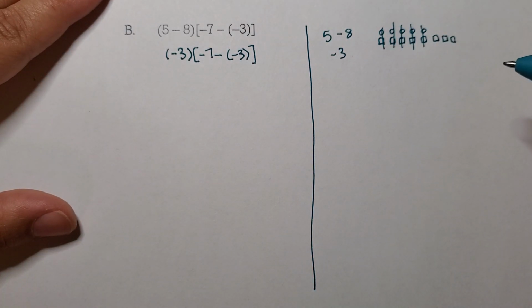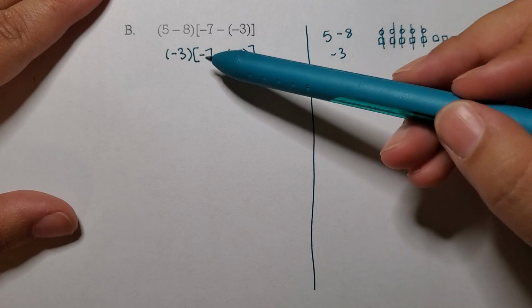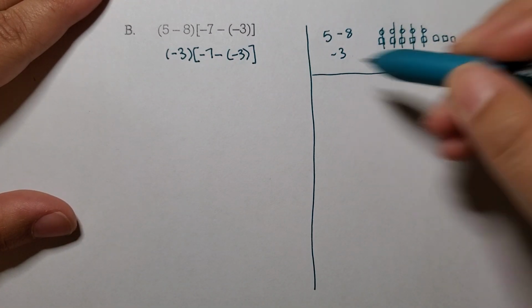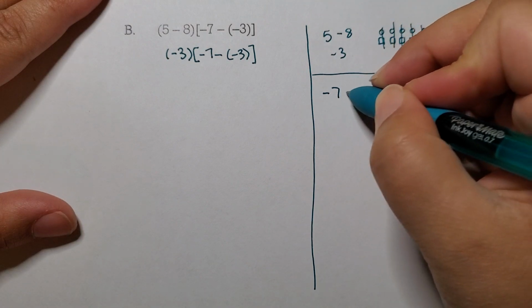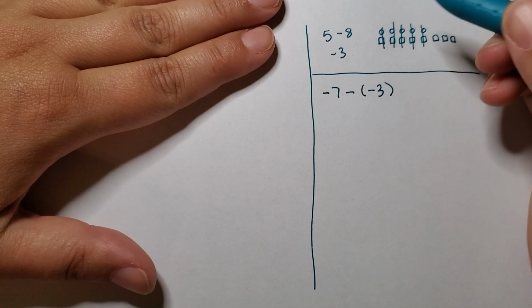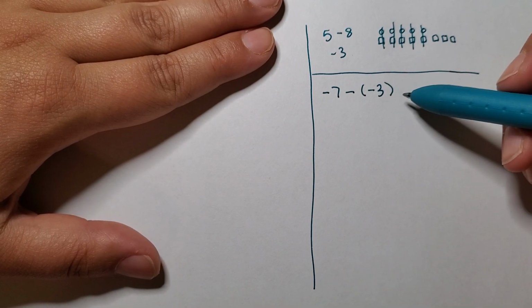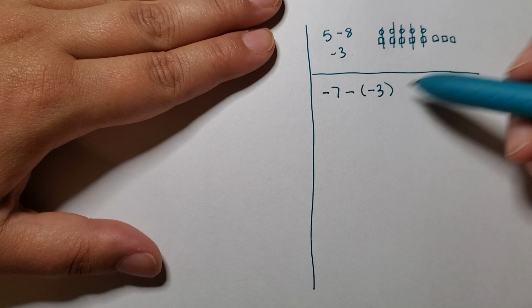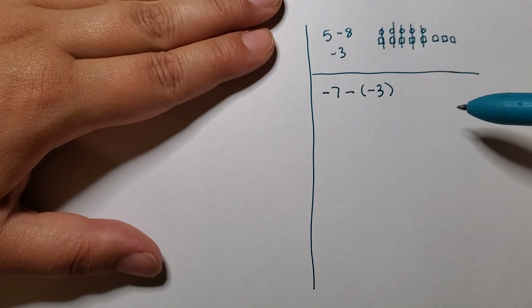Whew, okay. Now we have the second set of grouping, and that's our square brackets. So -7 minus -3. Let's cover that up because this looks terrible enough on its own. Let's do this one the same way, with the teams playing against each other.